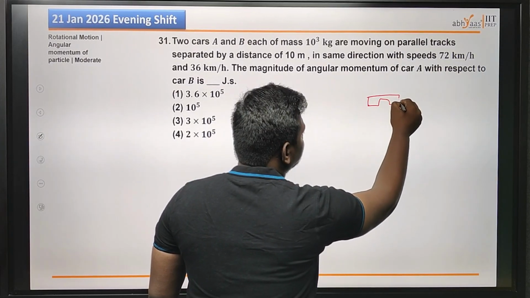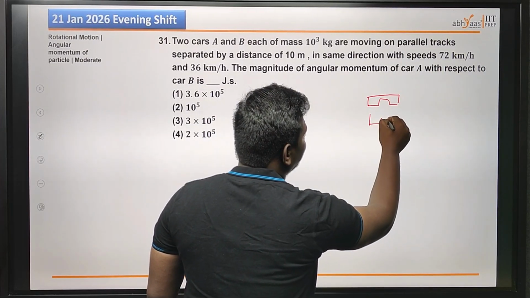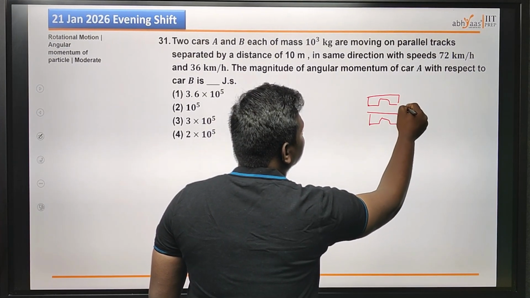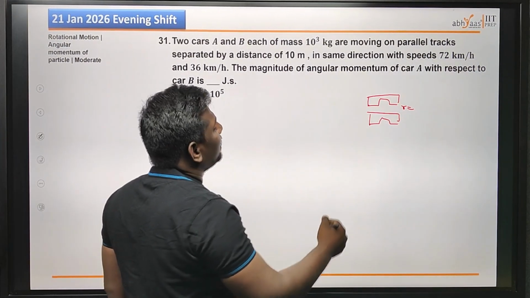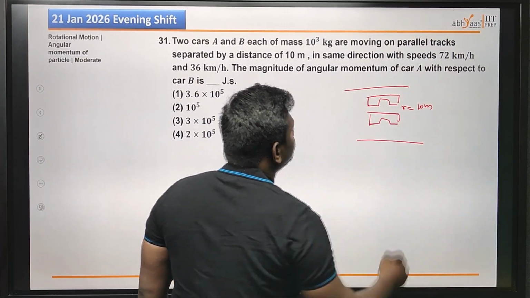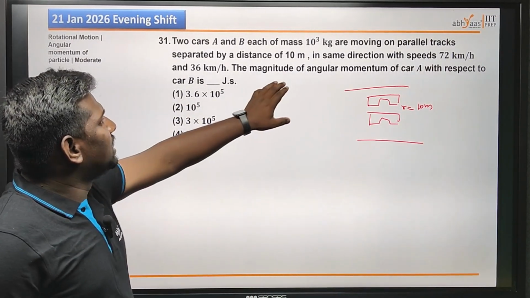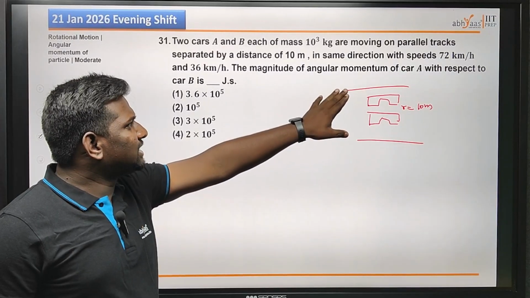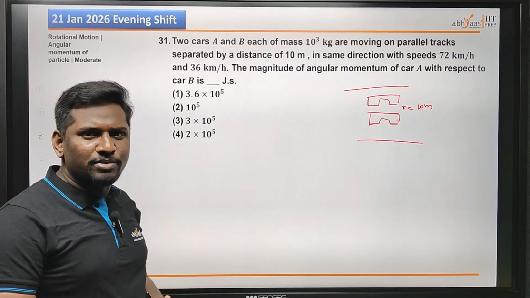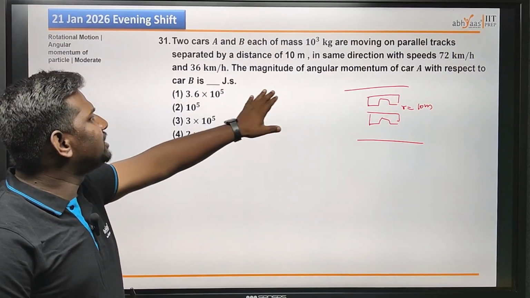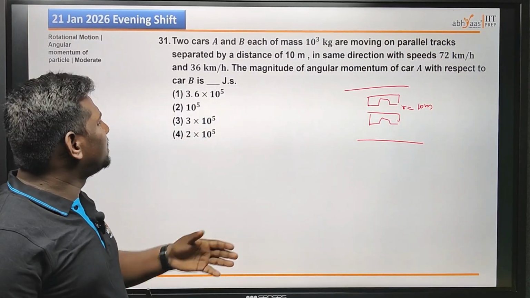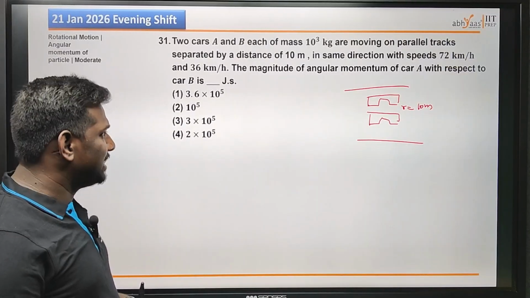Assume this is one car and this is the other car, separated by 10 meter, in the same direction with speeds 72 km per hour and 36 km per hour. So the magnitude of angular momentum of car A with respect to car B.